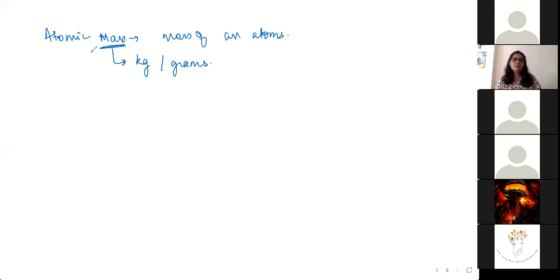So if we want to measure the mass of a single atom, if I use grams to measure the mass of a single atom, what sort of values will you get? Can I measure the mass of a single atom by putting it on a weighing scale? No, ma'am, it's too small. It is extremely tiny, right?